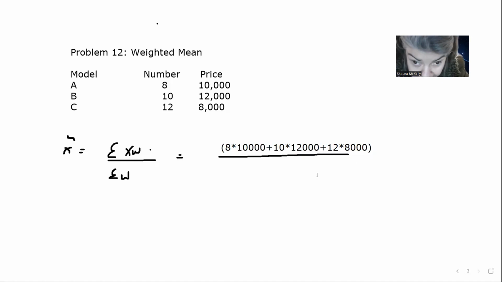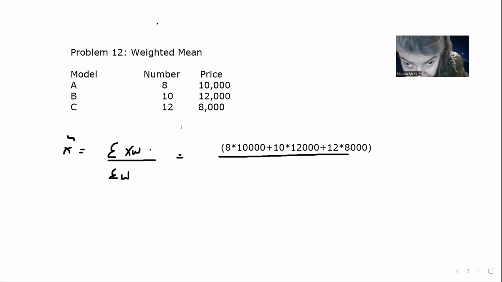Now I'm going to divide that by the sum of the weight, which in this case is going to be the number of models I have. Find the weighted mean price of the models. So the models is my X, okay?